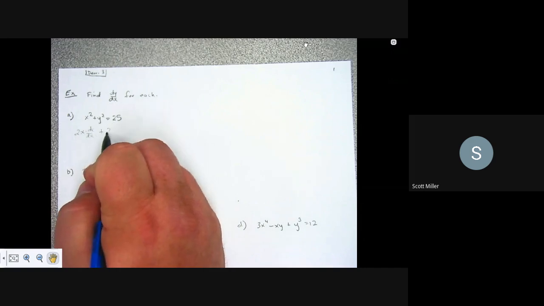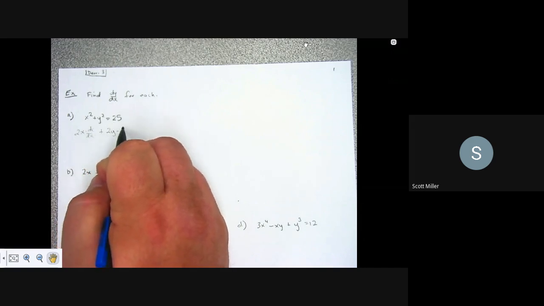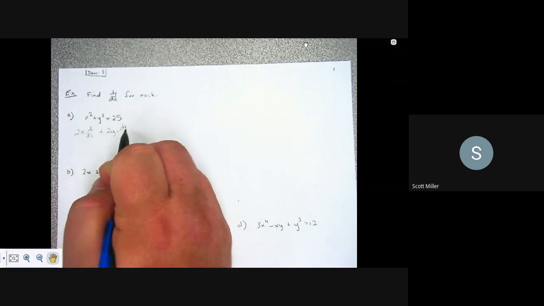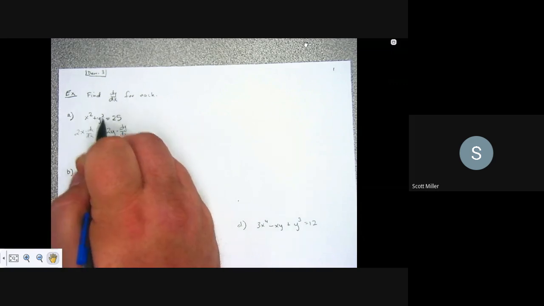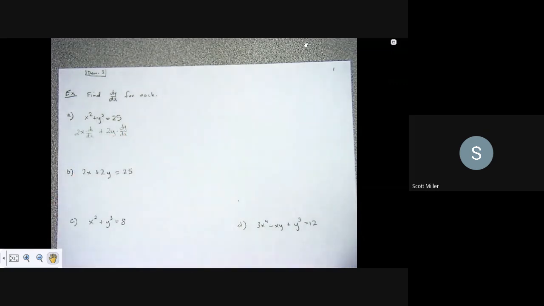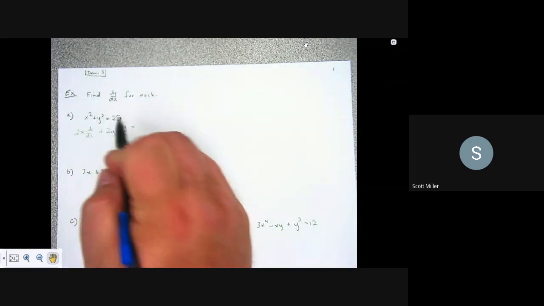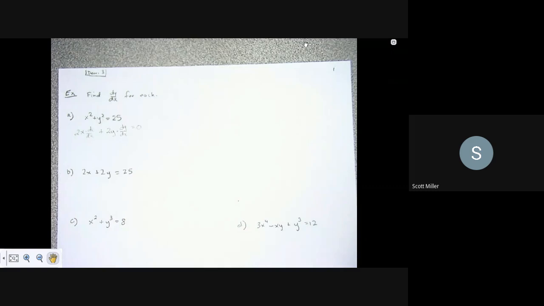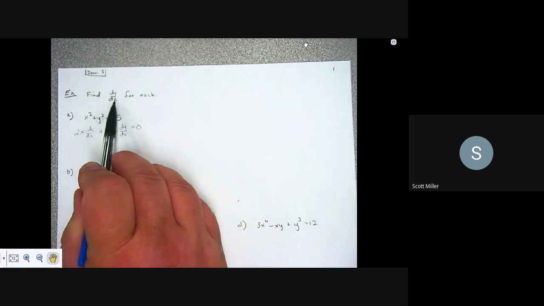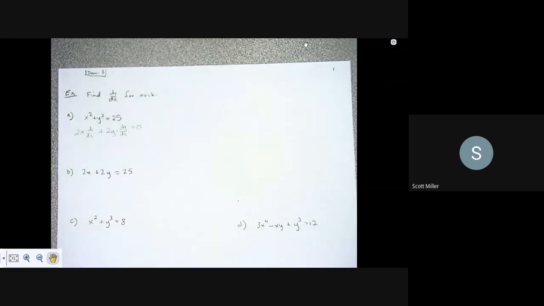Well, that is 2 times y times the derivative of y with respect to x, because y is now that inside function, equals, and the derivative of a constant is 0.